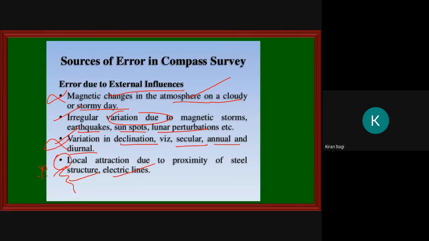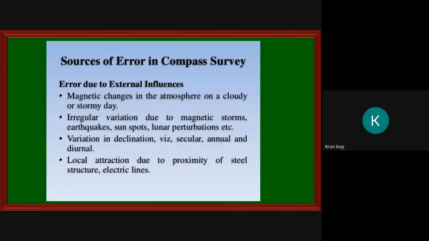I don't think atmosphere and cloudy storm, it may affect. If sunlight is not sufficient, meaning during the night time, you can't take the reading correctly, the first thing. Due to cloudy weather, and if it is raining, you can't take the reading correctly, that also may influence.